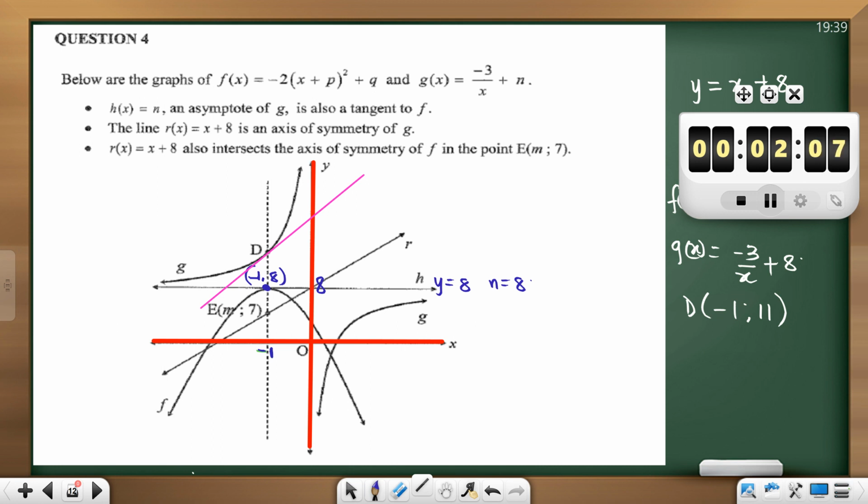Kito, no, your answer is wrong. From what I just drew here, your gradient must be positive.